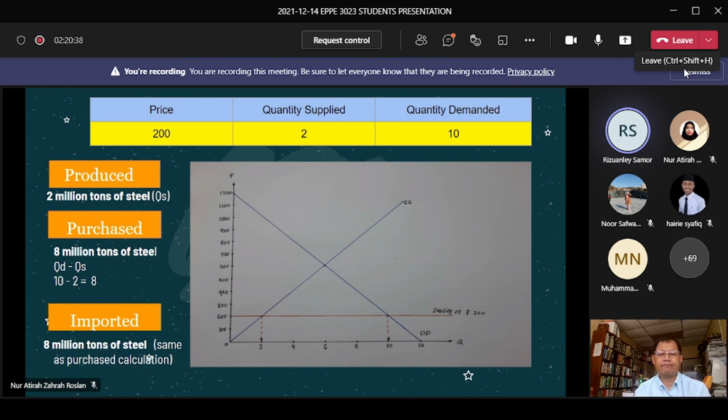To get this answer, we just subtract quantity supplied from quantity demanded, 10 minus 2, and we get 8 million tons. And for the import, the answer is 8 million tons of steel, the same as the purchase calculation. I will pass to the next presenter.